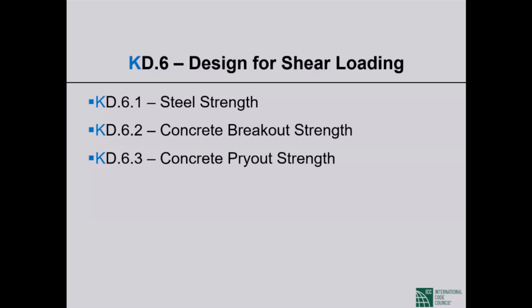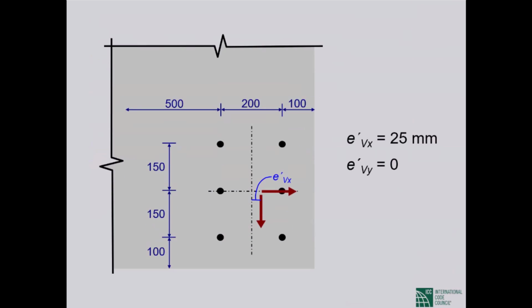We don't have side face blowout or pullout, but this pryout is like side face blowout. If we have a shallow anchor and it is subject to shear, it may kick out and damage the thin concrete at the top. I'll show you a picture when the time comes.